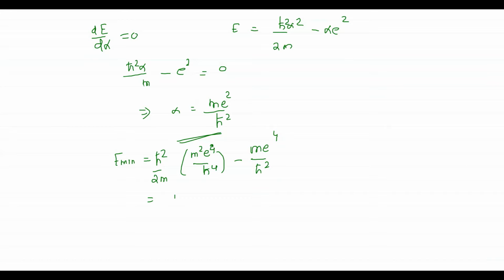So I will be left with m and this m square; 1 m from m square will get cancelled. 2 h bar square minus m E raised to 4 on h bar square, which is nothing but minus m E raised to 4 divided by 2 h bar square. So this is the ground state energy that we found out using a trial wave function.